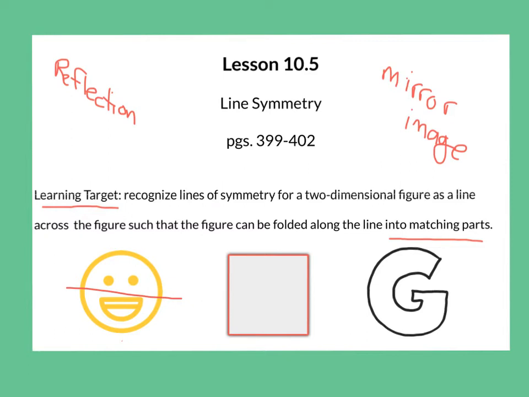So in that instance, your eyes and your mouth aren't a reflection of each other. They're just two different things. So our smiley face really just has one vertical line of symmetry, where the eyes would match up and the mouth would also match up.